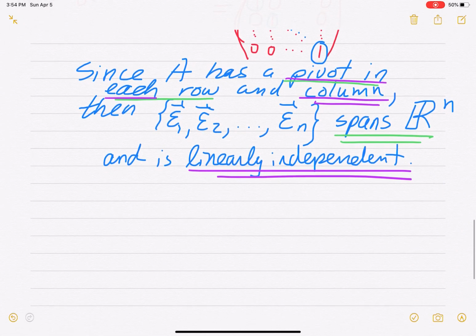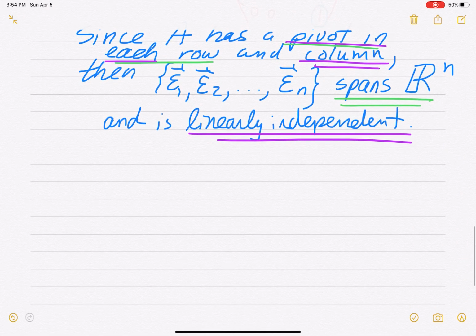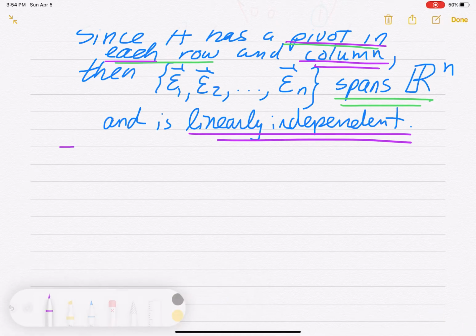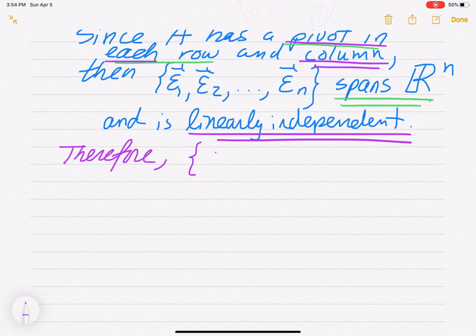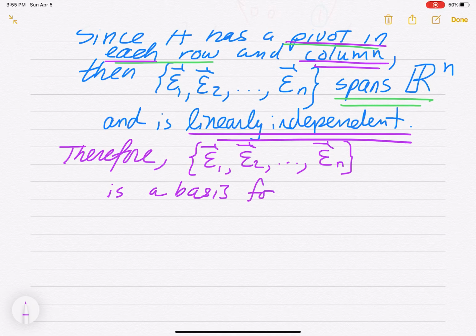So since it spans Rn and it's linearly independent, therefore epsilon 1, epsilon 2, through epsilon n is a basis for Rn, which just means you can build every vector in Rn from those n vectors, and it's the smallest set of vectors from which you can do that.